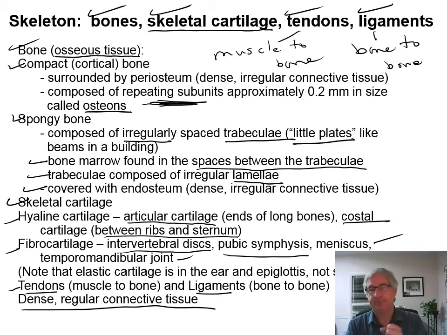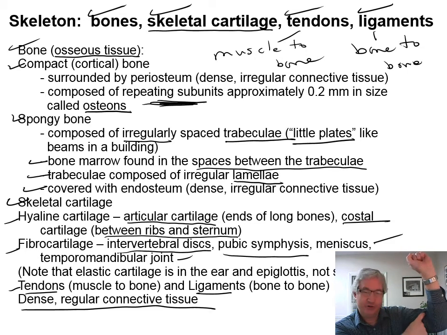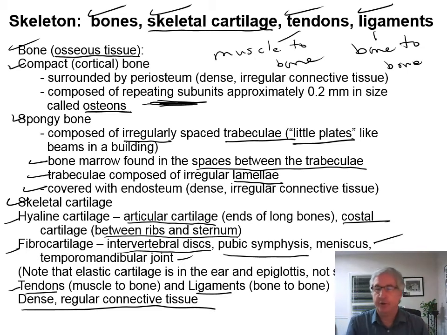You can feel your Achilles tendon way down there, or your biceps tendon right about here. If you flex your bicep, you can feel a little tendon. You notice it's like a long string, so you need these dense fibers going in one direction. That's dense regular connective tissue, going all along one direction.